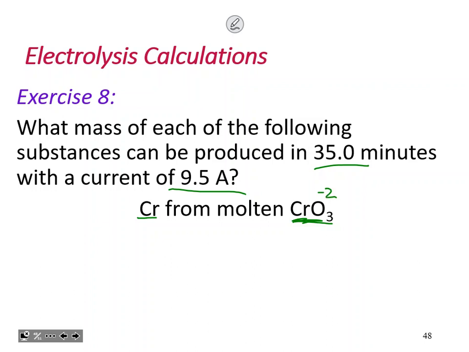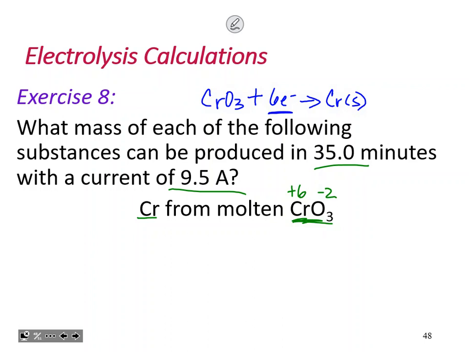Oxygen's -2, so what is going to be the chromium's charge there? Yeah, this has to be a +6. So that means this is going to be 6 moles of electrons. Because if we look at our reaction here, it's going to be the CrO3 plus the 6 electrons. That's going to give me my chromium solid, which is what I'm trying to plate. So we're going to need the 6 moles of electrons here. You had to figure that. That's an extra added step here.